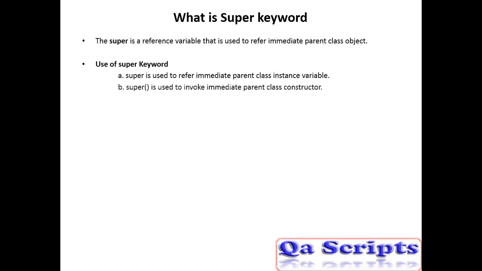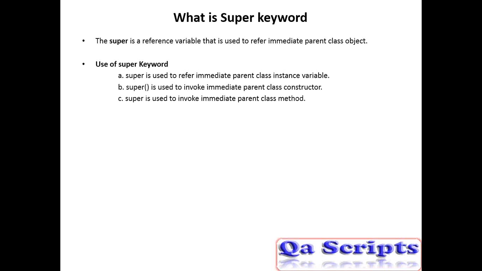Here, the second point says that the super keyword is useful to invoke the immediate parent class constructor. It may be one or it may be two constructors. There are no limits. The third point is that super is used to invoke immediate parent class methods.